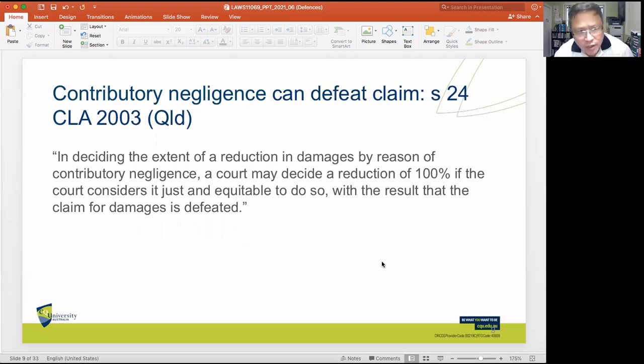So in Section 24, it says that in deciding the extent of a reduction in damages by reason of contributory negligence, a court may decide a reduction of 100% if the court considers it just and equitable to do so, with the result that the claim for damages is defeated.